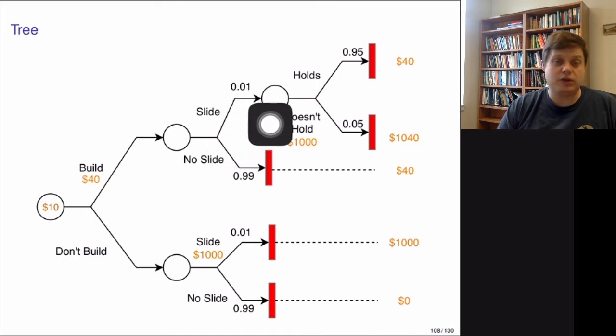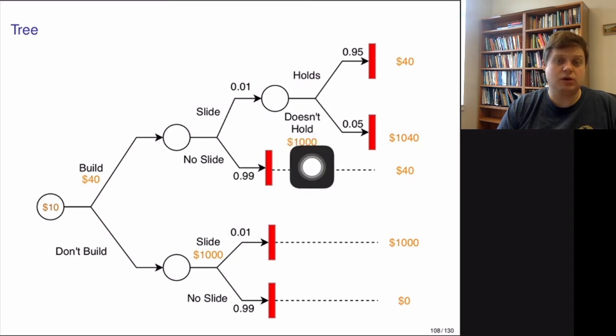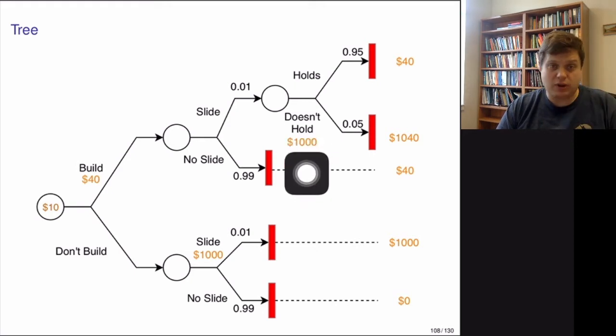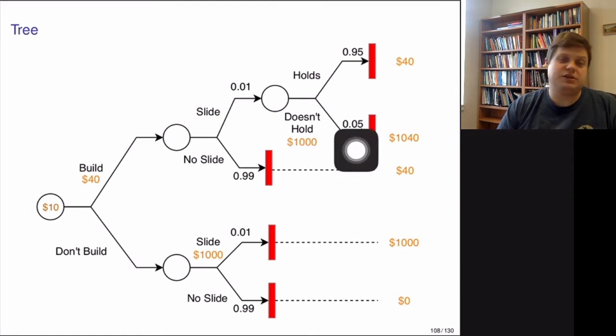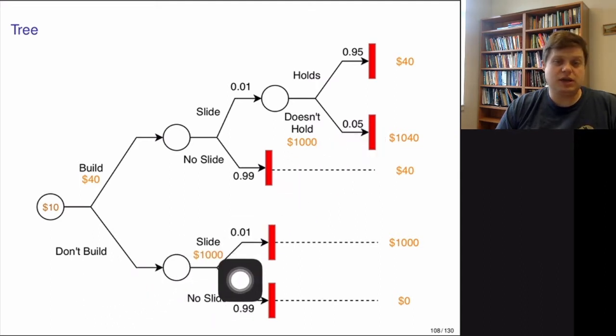And in the scenario when you do have a wall and a slide does happen, you also have two potential outcomes: that the wall does work and holds the slide, or the wall doesn't work and doesn't hold the slide. If it doesn't, you simply lose $1 million, so the slide damages your property. And there is a 5% chance that the wall doesn't work. And in the case when you don't build a wall, you just have slide, no slide potential outcomes, and again the probability is 1% and 99%.